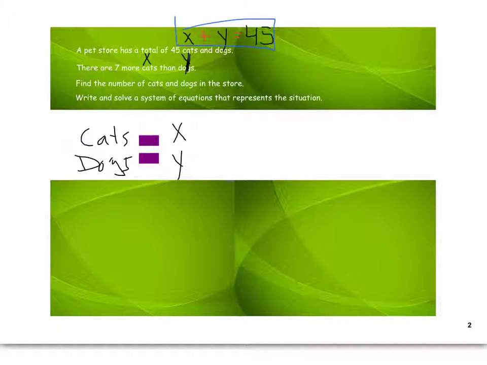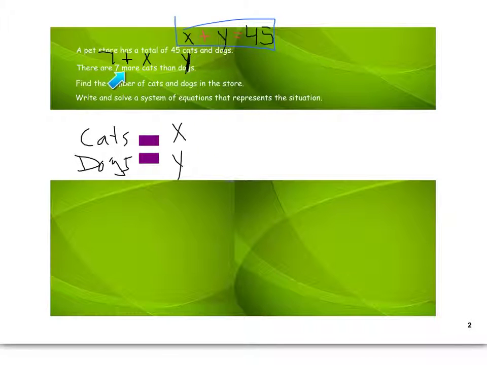Let's see if we can get our other one. Alright, there are 7 more cats than dogs. So if we want to say that there are more, that's the same idea as addition. And there are 7 more. So this is saying that you have 7 more cats than dogs.